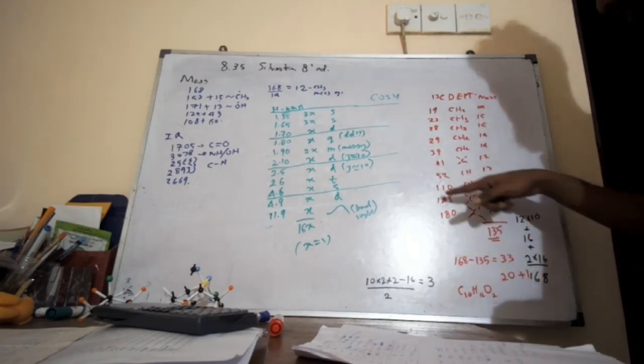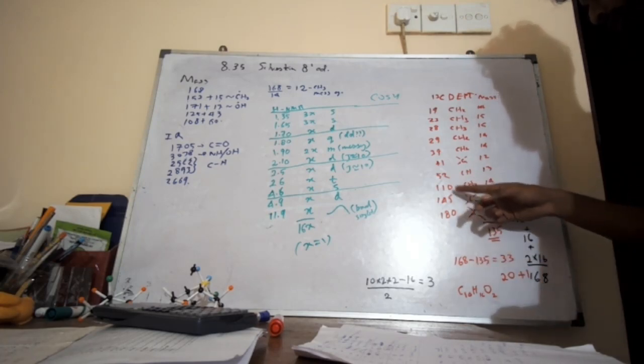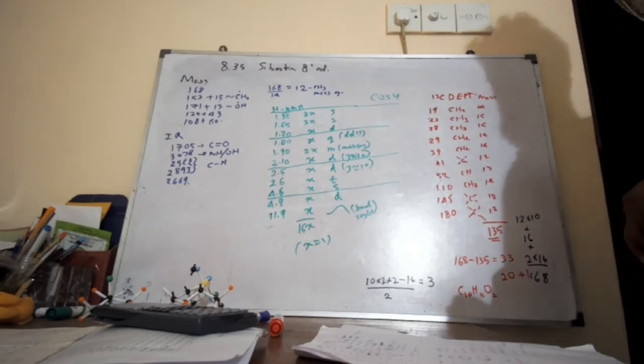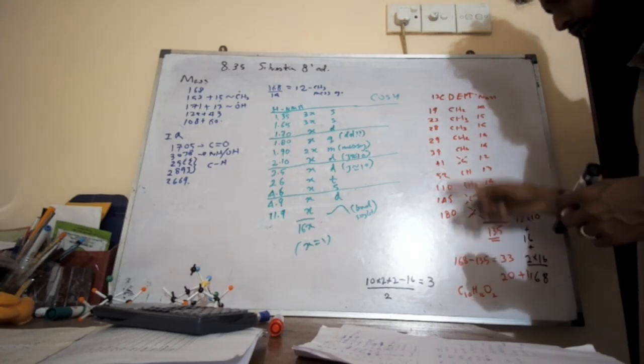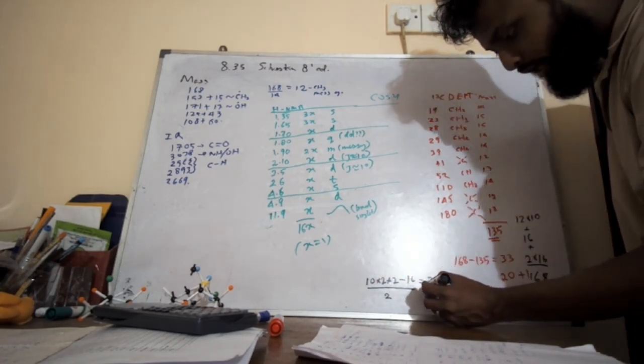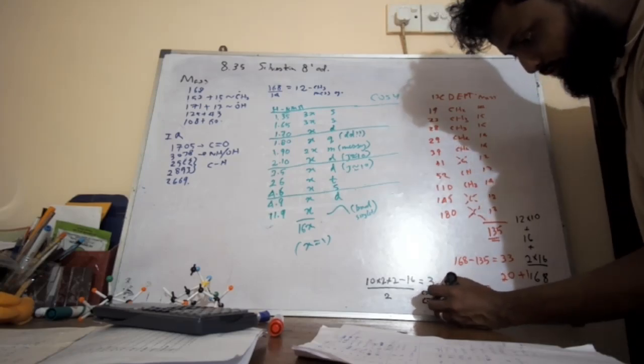These are olefinic carbons, and this is probably a terminal olefin. That accounts for one of the unsaturations, a carbon-carbon double bond. The other unsaturation is a carbon-oxygen double bond.